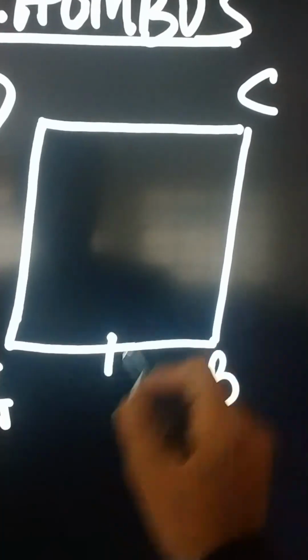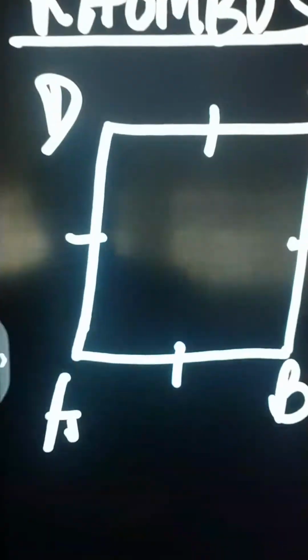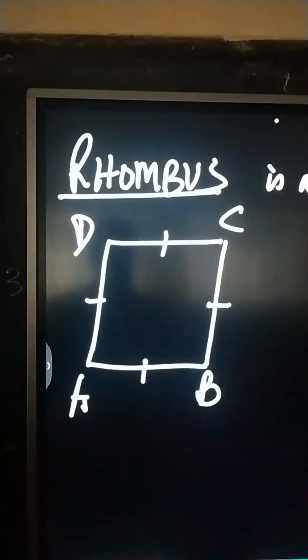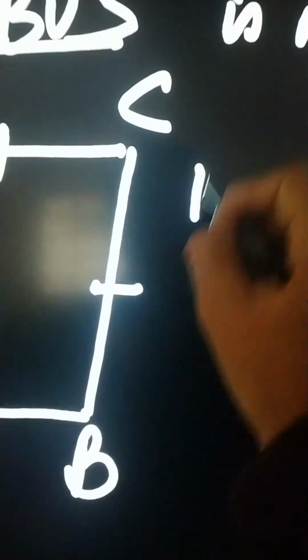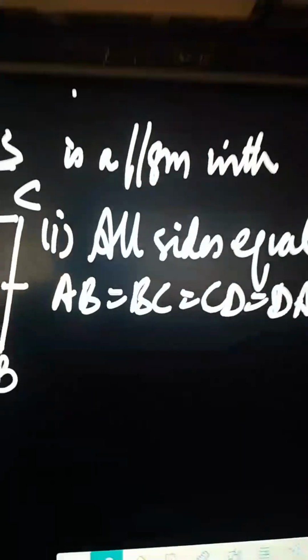A rhombus has all sides equal. First property: all sides equal. AB is equal to BC is equal to CD is equal to DA. All of them are equal.